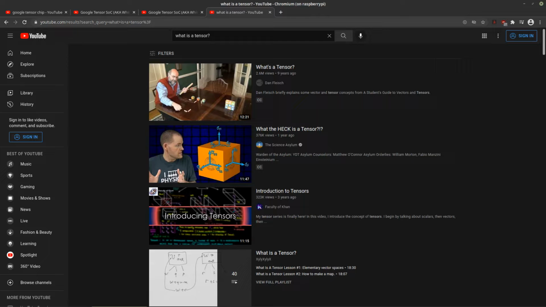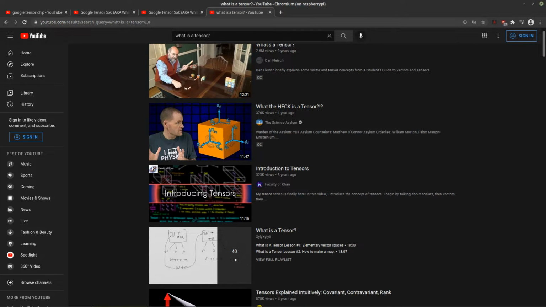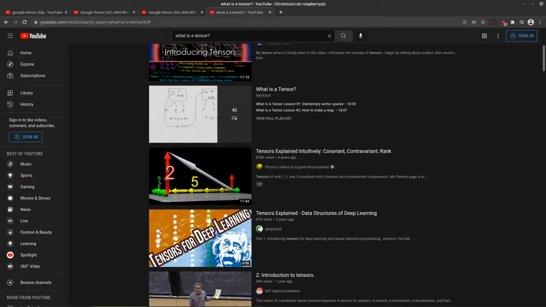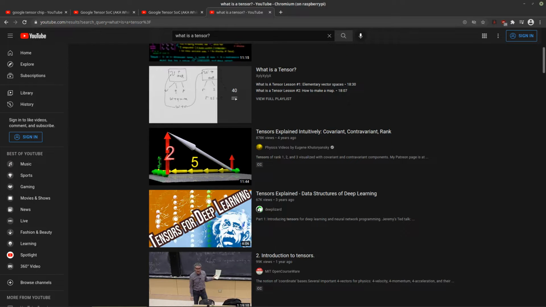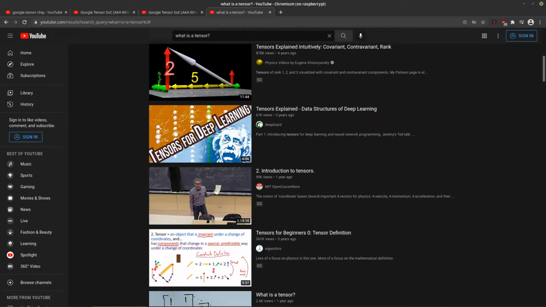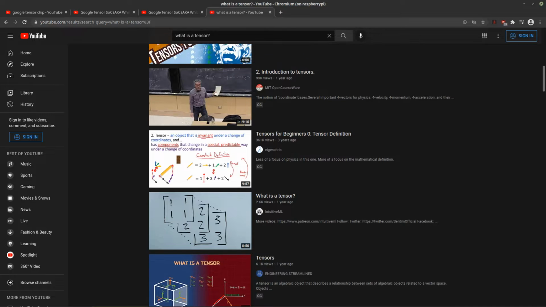There were plenty. Some are about physics, some are about machine learning, some are about TensorFlow, the language. Many of them say that a tensor is a generalization of a matrix, which they say is a generalization of vectors.